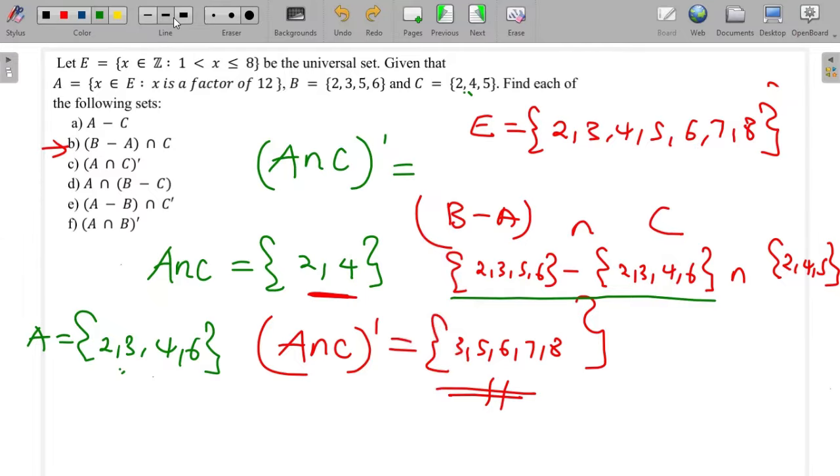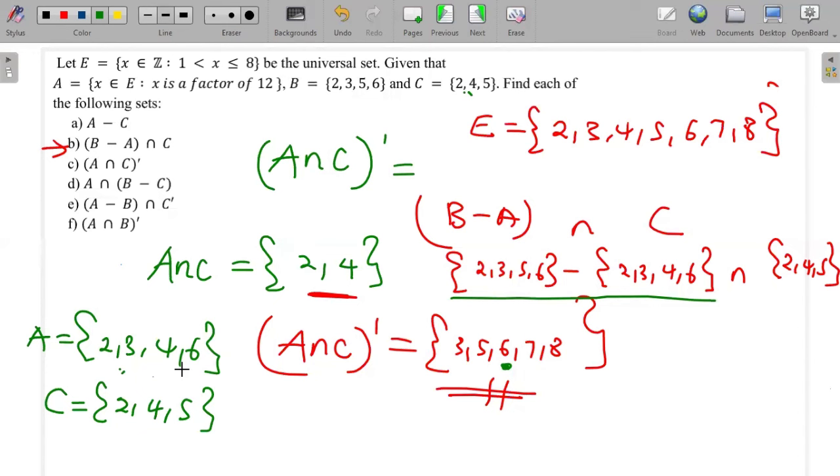You're saying I've included the 6 there, which is also in set A. The only members that we are not including in that set are the members that are both in A and C. This is A here, and C is 2, 4, and 5. So you can see that the 6 is not in both A and C. So it means it will be in the complement of their intersection.